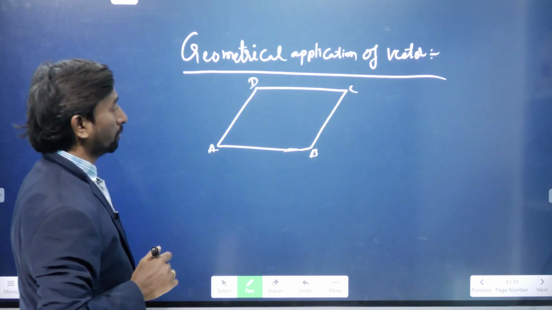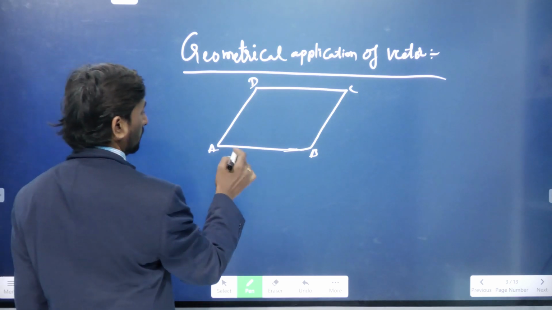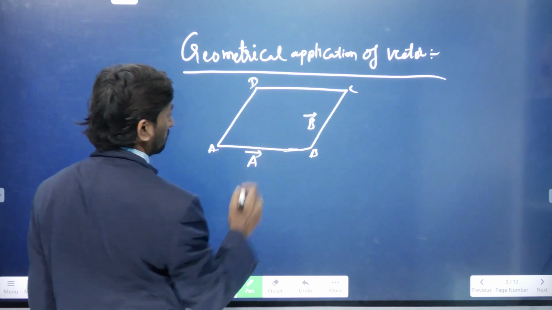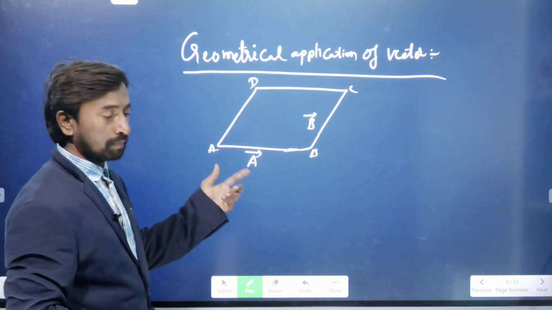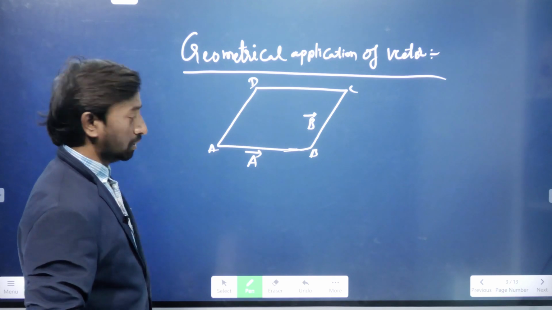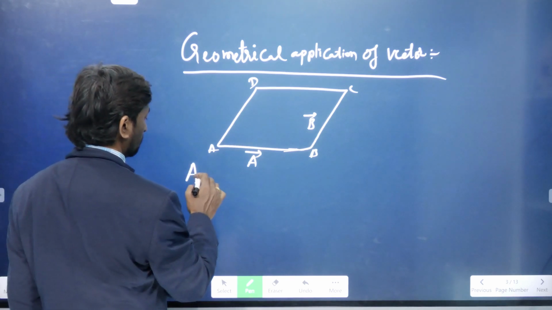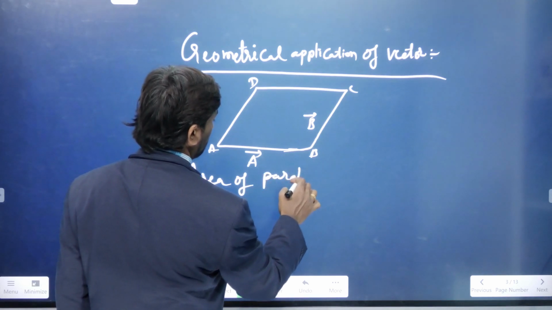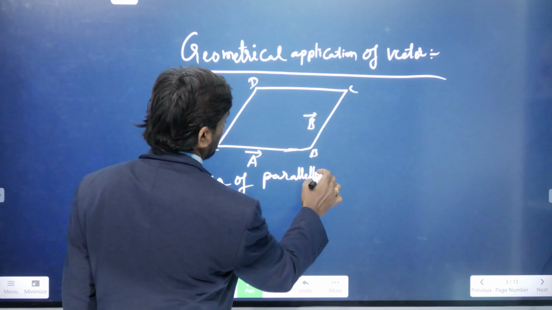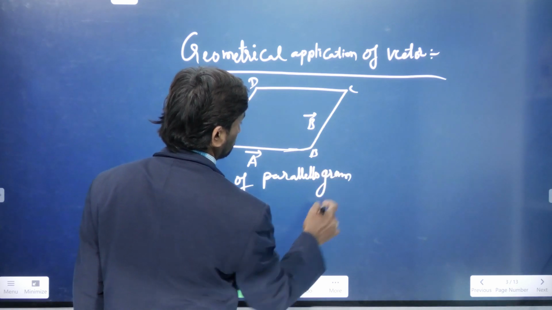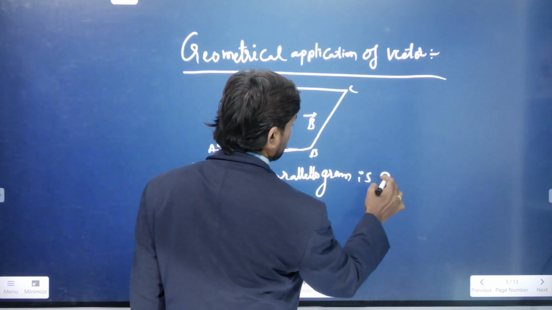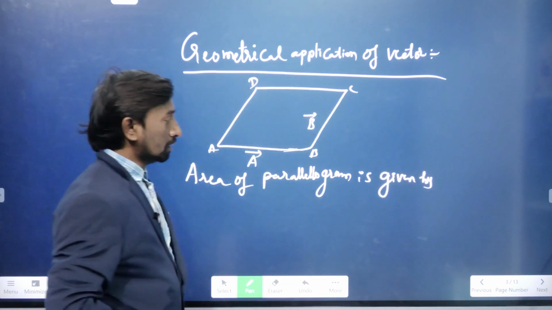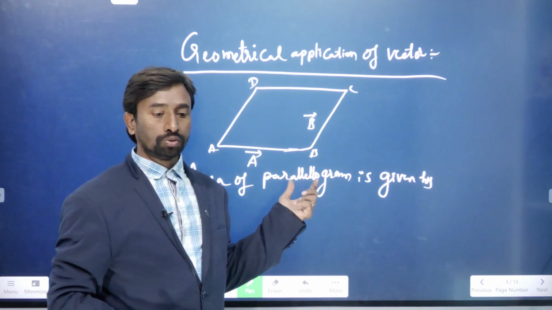Okay, so now the area of the parallelogram. Suppose two vectors A bar and B bar are represented as the sides of the parallelogram. Then the area of the parallelogram is given by the cross product of these two vectors.